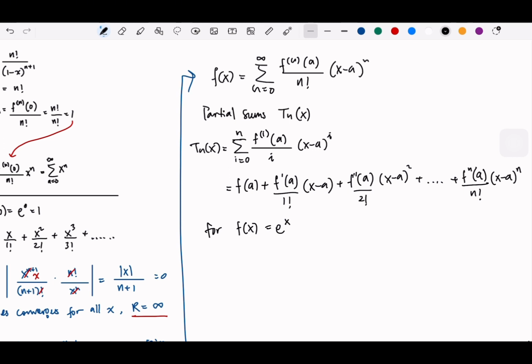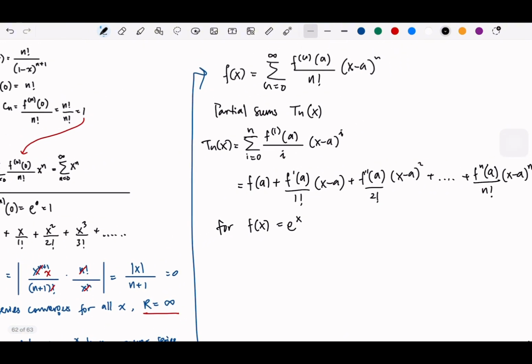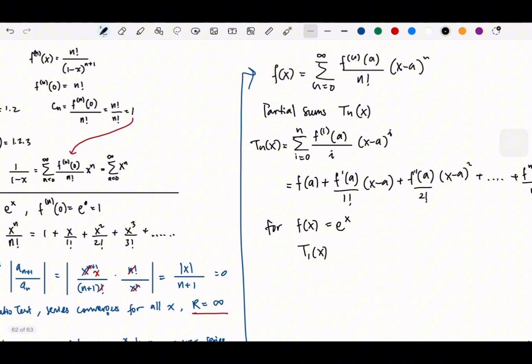Okay? We can see that from e to the x we can get T1(x) basically from here. So T1(x) means that we have 1 plus x, then T2, and so on.